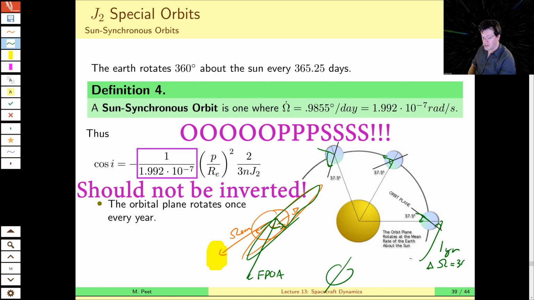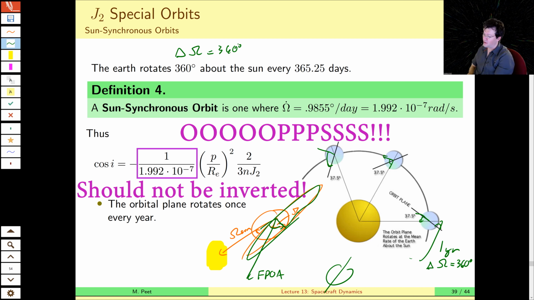So what we get then is that we want our right ascension to equal 360 degrees every year. Now, what is a year? What do we mean by a year?